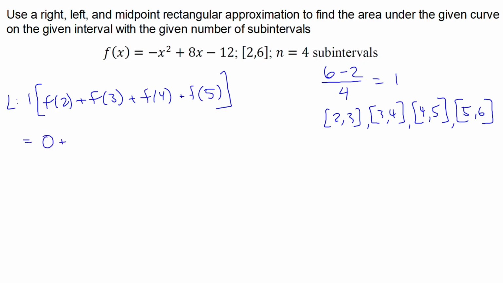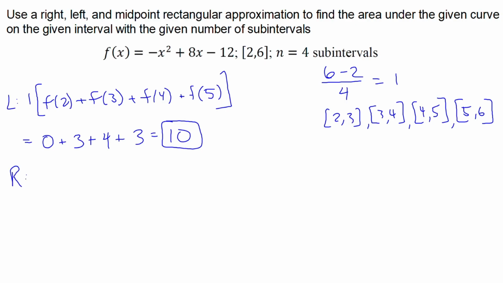And then f of 3 is negative 9 plus 24 minus 12, which is just 3. And then f of 4 is negative 16 plus 32 minus 12, which is just 4. And then f of 5 should be negative 25 plus 40 minus 12, which is just 3. Add those together and you get 10.